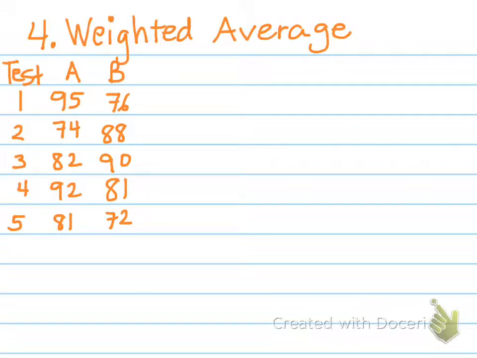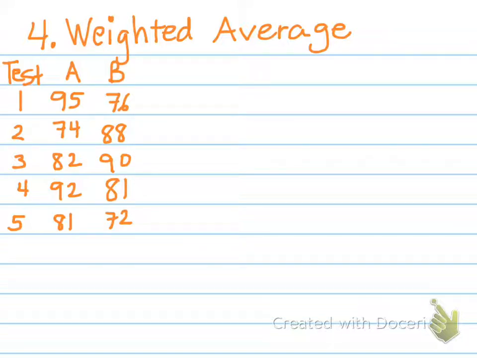Question number 4, though, asks about a weighted average. So question 4 says, what if the teacher decided that the test 5 would count for 40% of their grade? Sorry, I read that wrong.